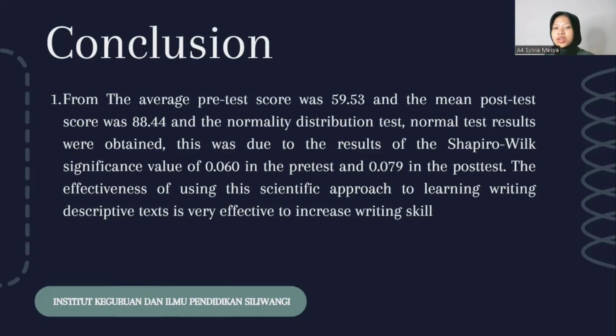This was due to the result of the Shapiro-Wilk test, with a significance value of 0.016 in the pre-test and 0.079 in the post-test. The effectiveness of using the scientific approach to learning writing descriptive text is very effective to increase writing skill.